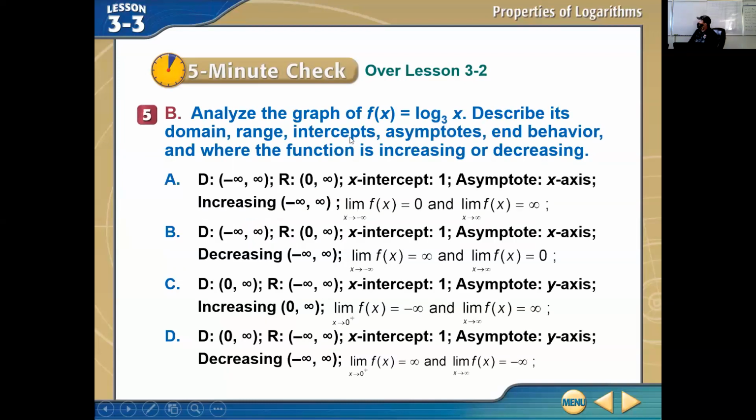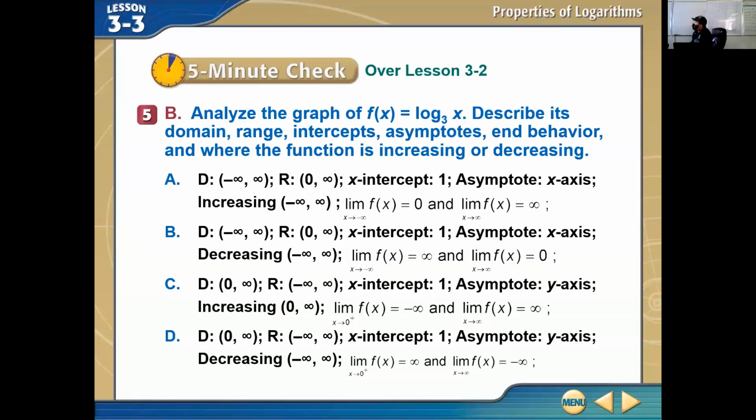And then we're analyzing the graph. Describe its domain, range, intercepts. So remember, the range is your y values. The range should not be cut off. The domain is cut off at 0 to positive infinity because the y-axis is our asymptote. The intercepts, it should have an x-intercept at 1. The asymptote is the y-axis.